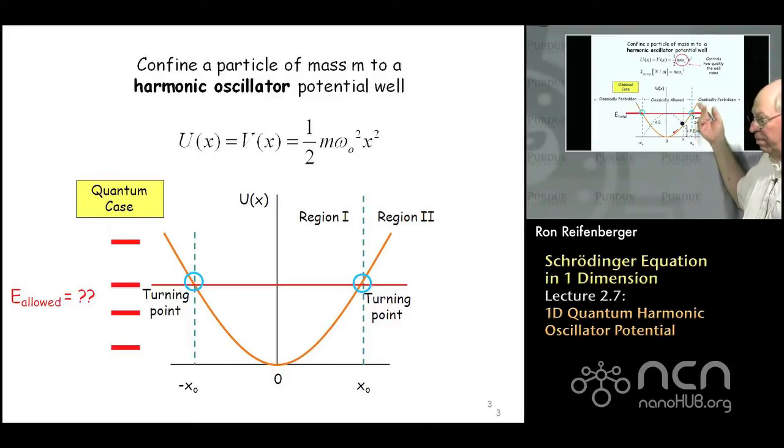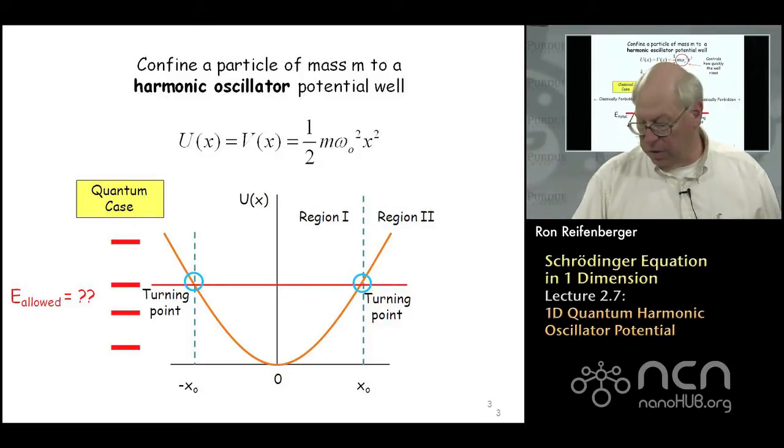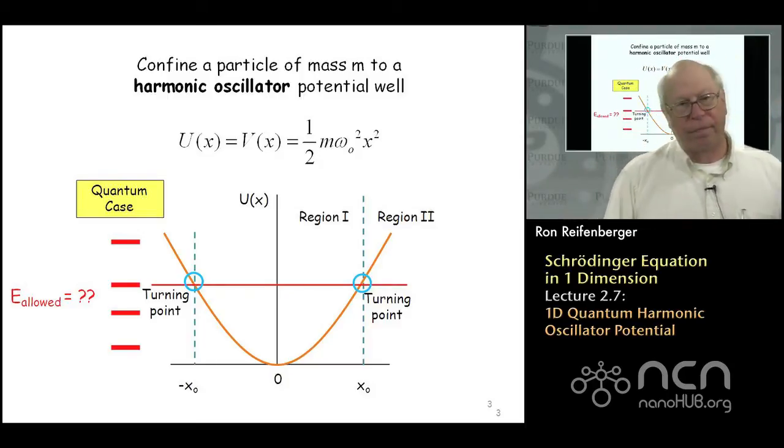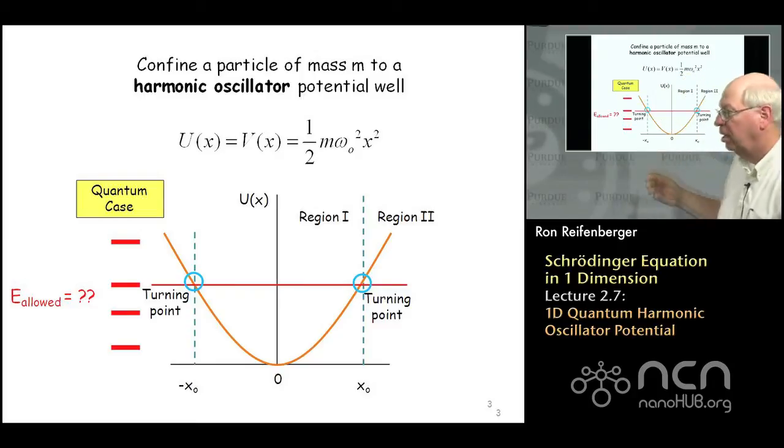The mass can be placed at any point along this curve, and where it's placed just before it's released specifies the energy E of the particle. No restrictions whatsoever.